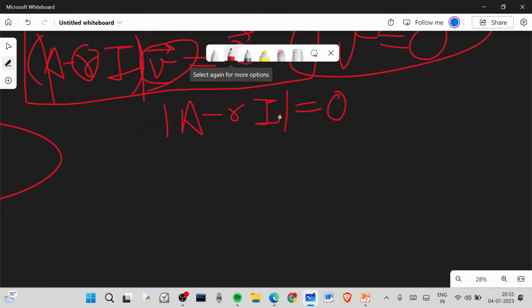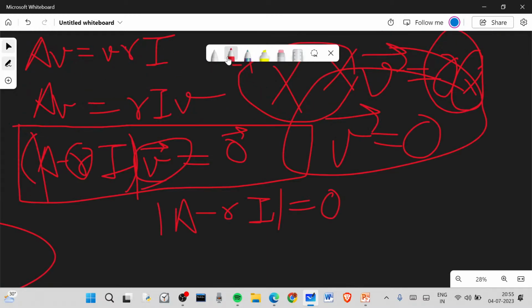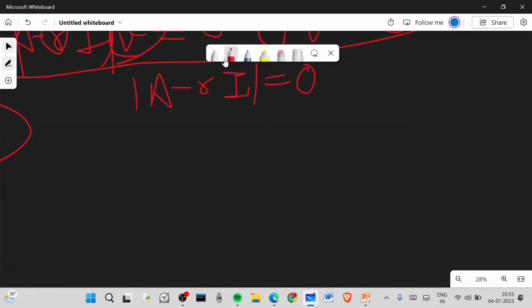But anyways, what I'm trying to say is that I have convinced you that the inverse of this should not exist for the vector to be non-zero, and for that the determinant of A minus rI should be 0, and correspondingly we would find some r. Very interestingly, the number of r, the cardinality of the set of r, equals the order of the matrix.